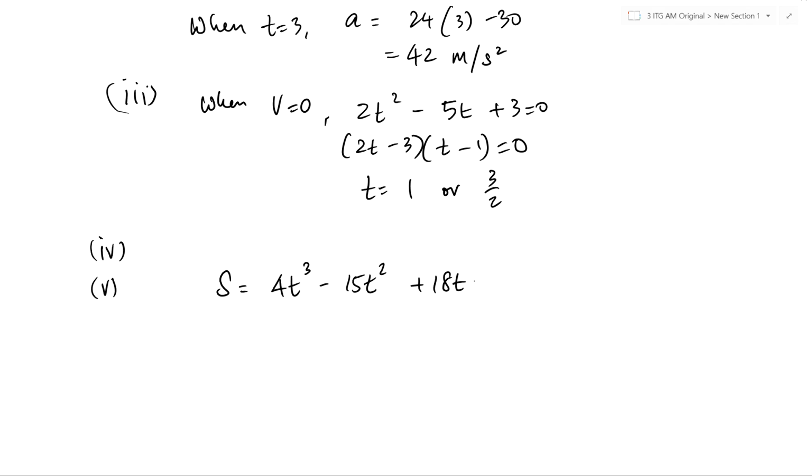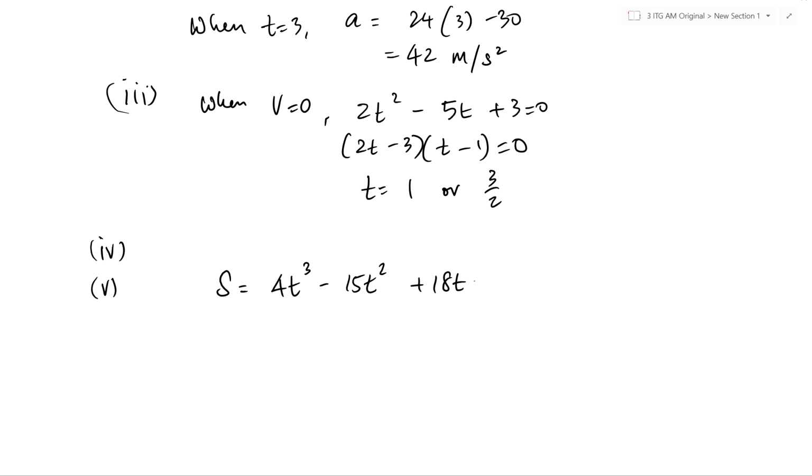If I sub t equals to 2 inside, what will I obtain? Displacement or distance? Displacement. If the displacement is positive, is that the answer already? Yes, because of the wording of the question.